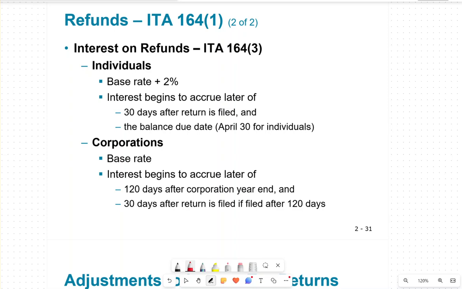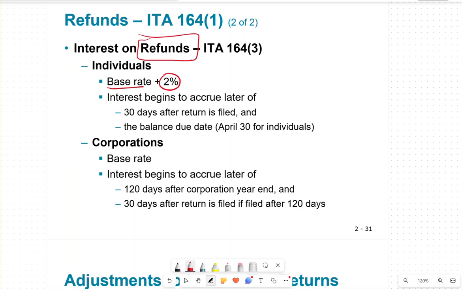So this is your interest on refunds. Of course, there's a penalty if you owe taxes and don't pay. However, the same rule applies if they have to give you a refund, and they are going to take the base rate plus 2%.